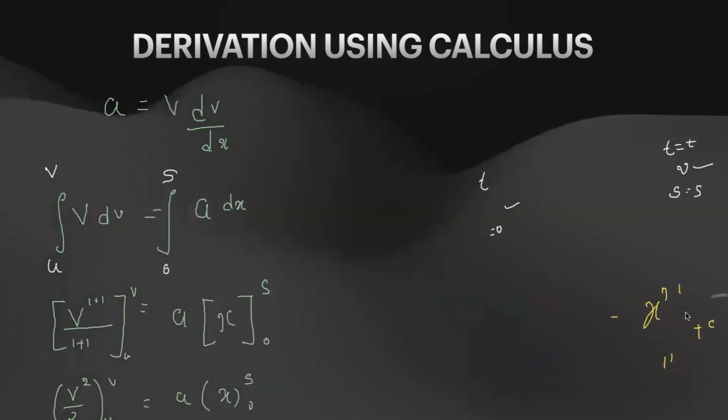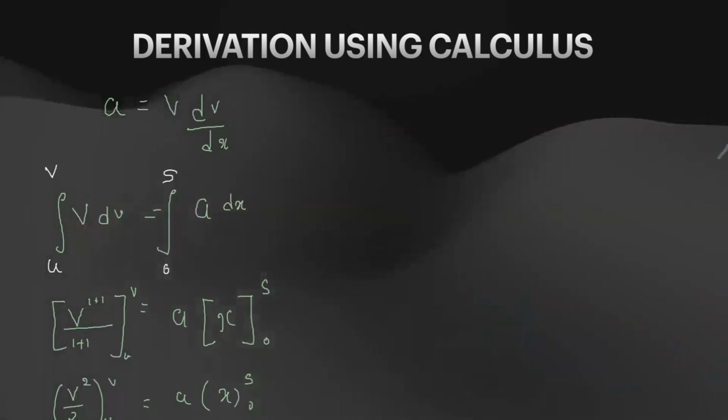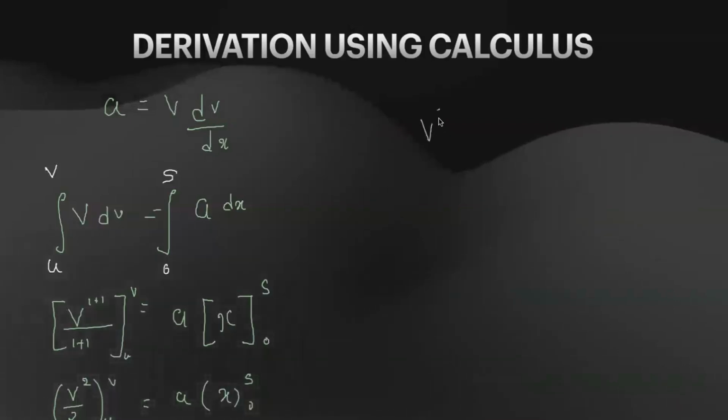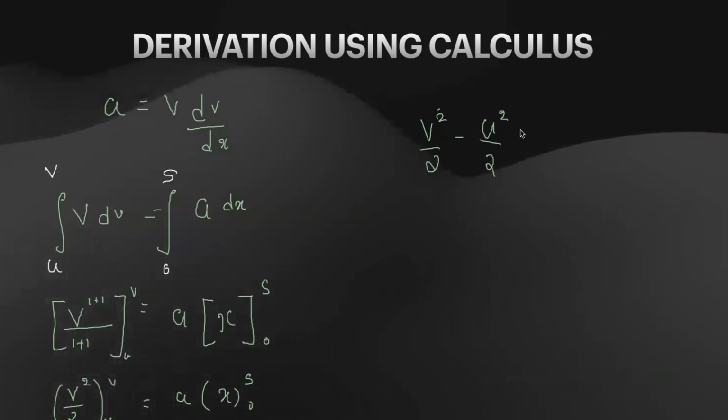Now just put the limits. What do you get after putting the limits? Upper limit minus lower limit. First you put v, so v square by 2, then you put u, which is u square by 2, equals a into s.